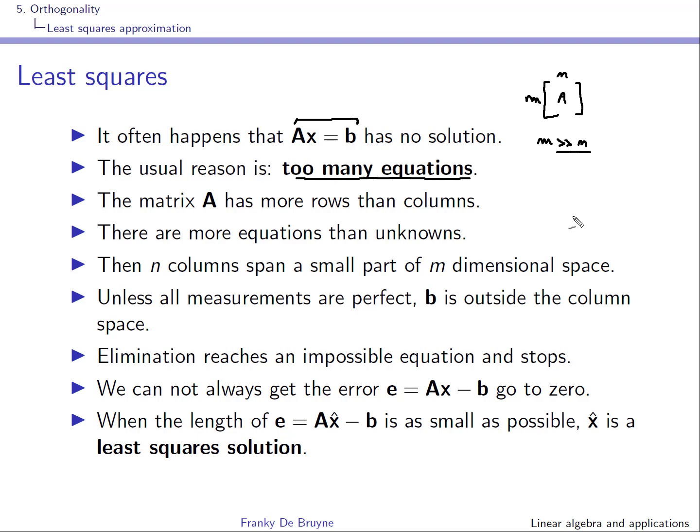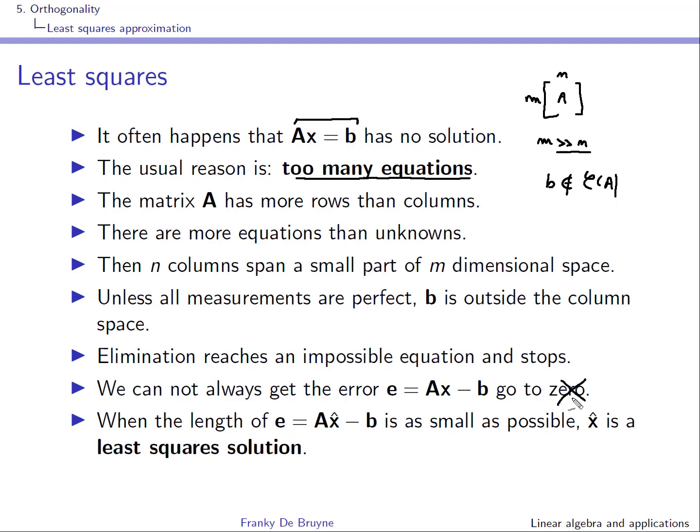And usually, since there are lots of equations and fewer variables, B will not be in the column space. This means that if you use elimination, you'll find that it's impossible to find a solution. There is no solution, and elimination just stops. This means that the error vector Ax minus B will not go to 0.